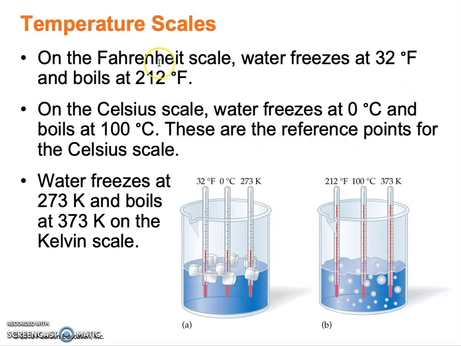On the Fahrenheit scale, water freezes at 32 degrees and boils at 212 degrees. On the Celsius scale, water freezes at 0 degrees and boils at 100 degrees. These are the reference points for the Celsius scale. On the Kelvin scale, water freezes at 273 Kelvin and boils at 373 Kelvin.